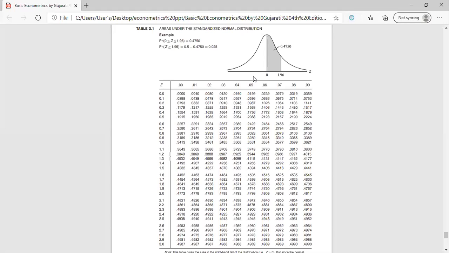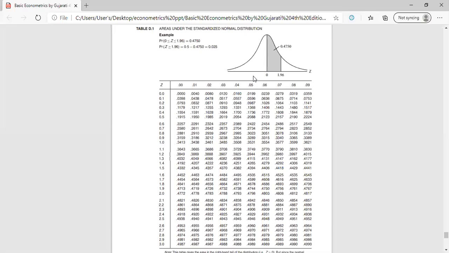Which area are you looking at? Give me the area in the graph. Professor, it's minus 2.25 to 1.96. Yeah, so the area is in the middle, around 0. It is 0.9628.